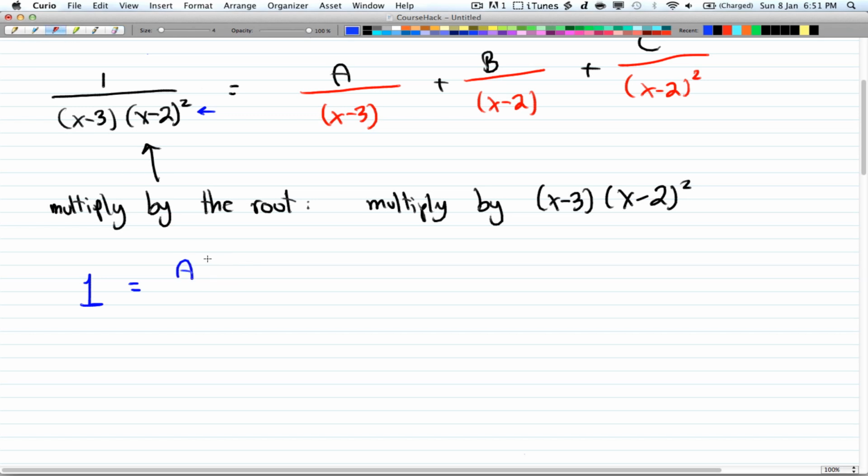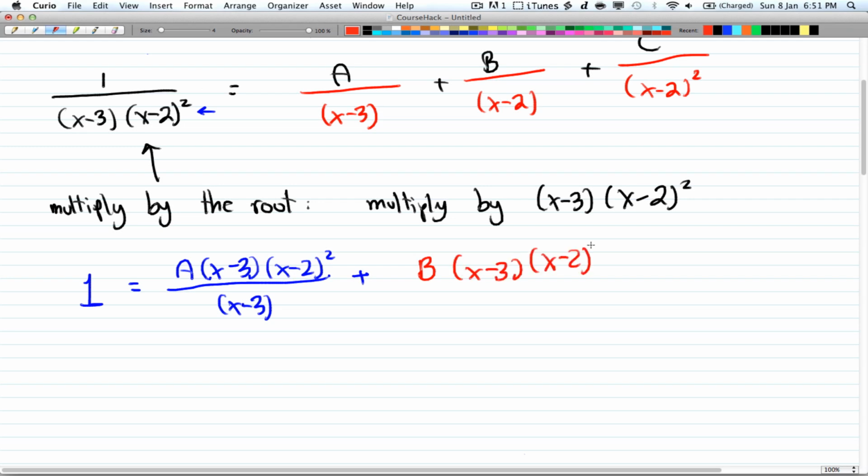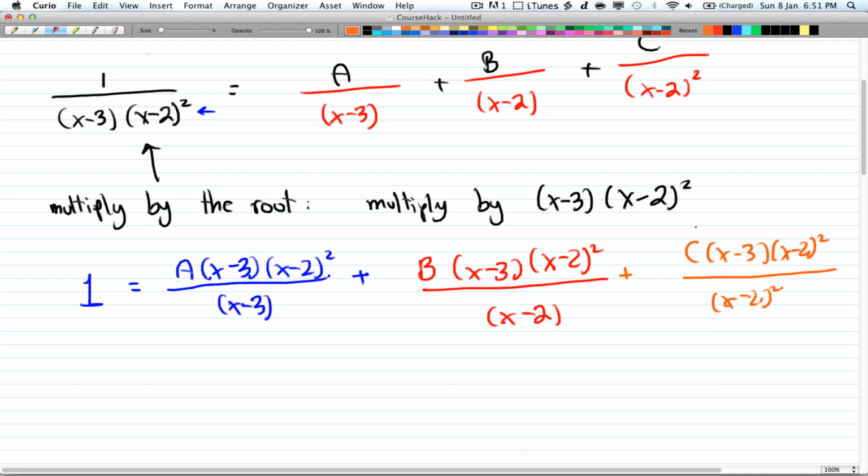So a, x minus 3 and x minus 2 squared divided by x minus 3 plus b times x minus 3 and x minus 2 squared, that's divided by x minus 2, plus c and x minus 3 and x minus 2 squared, that will be divided by x minus 2 squared.